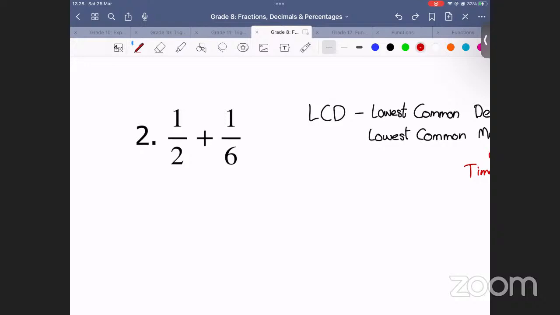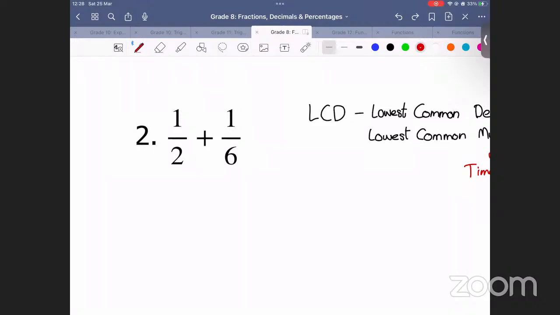No one? LCD between 2 and 6? 6. Okay, so there's numerous ways of doing it. If there are small numbers, many of the times you can guess what is the lowest common multiple between the two. You could do LCD, which could be very unnecessary.